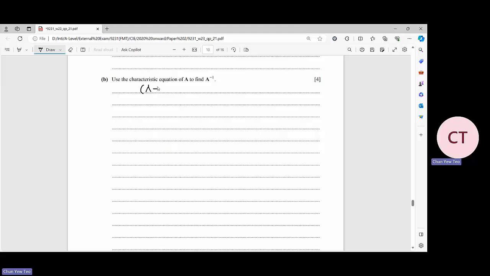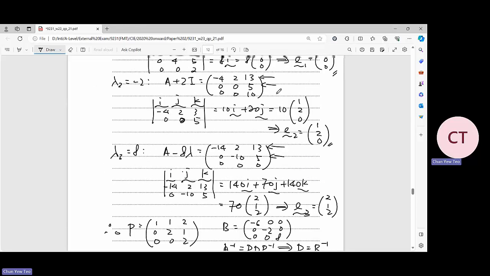To find the characteristic equation, just take the determinant of A minus lambda I equal to 0. This is the formula to find the characteristic equation. But we already have lambda.